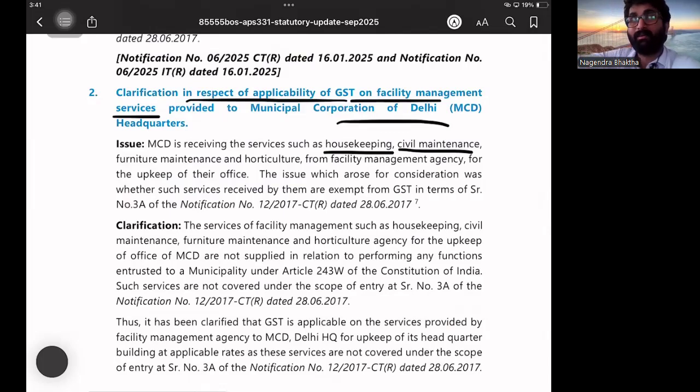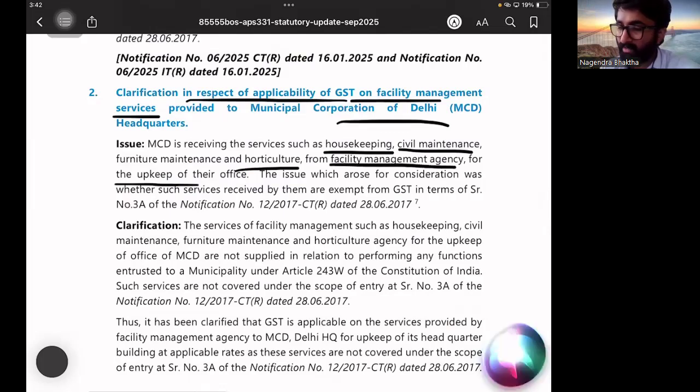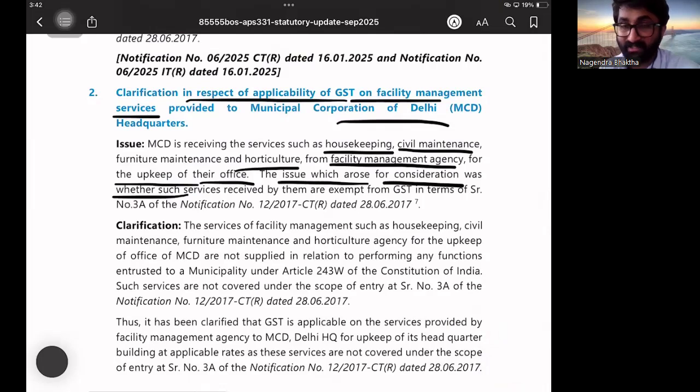Example, civil maintenance or housekeeping, cleaning, cobweb, all these things. So these are some services which are taken, maybe horticulture services from facility management agency for upkeep of their offices. The issue which arose for consideration was whether such services received by municipality is exempt.